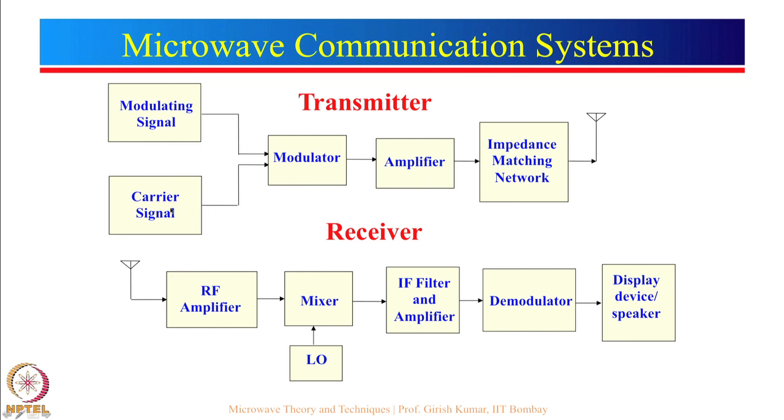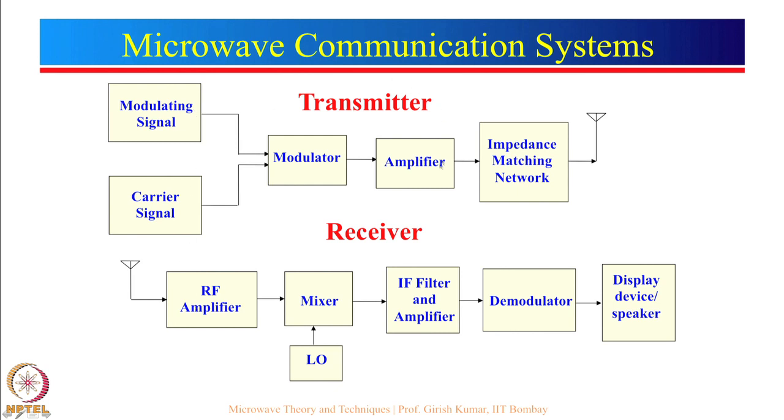The carrier will carry this particular signal. For example, for FM radio the carrier frequency is between 88 to 108 megahertz, for a mobile phone it is 900 megahertz, and for Wi-Fi 2.45 gigahertz is the carrier frequency.